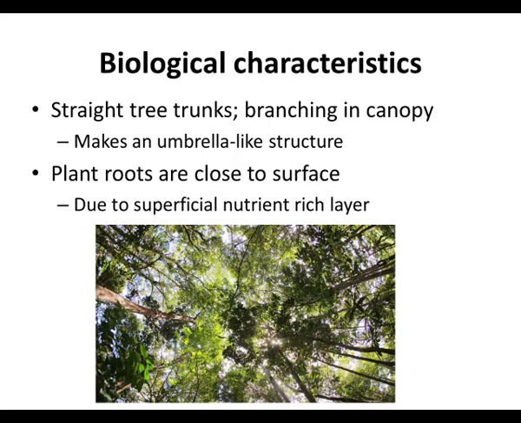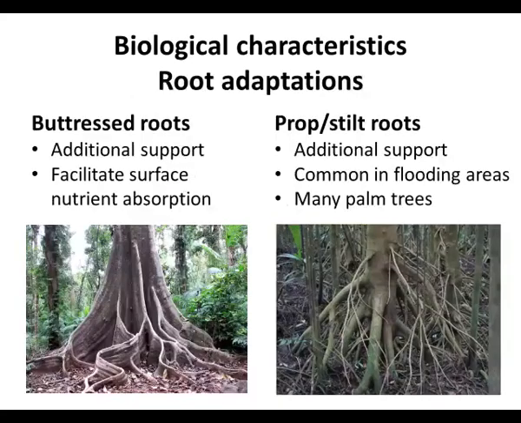On the other end, the plants' roots are mainly on the surface, because if you think about all the nutrients, they are available on the surface. Because of the heavy rains, everything leached down to very deep layers, so you really don't have access to those nutrients. So plants tend to spread their roots superficially.